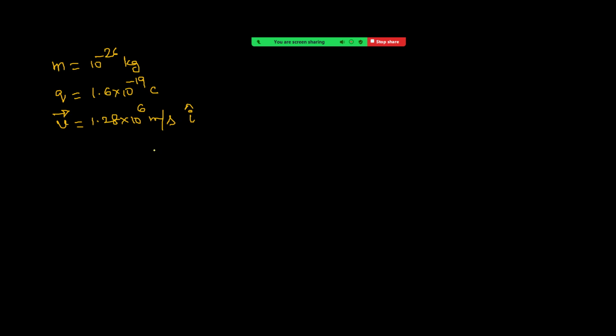Next, coming to the electric field, it is only along the negative z direction, minus 102.4 kilovolt per meter, and the magnetic field is only along the y-axis.